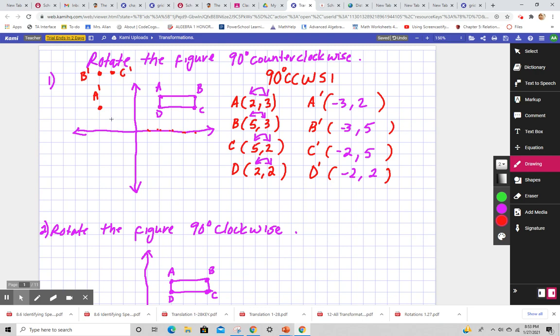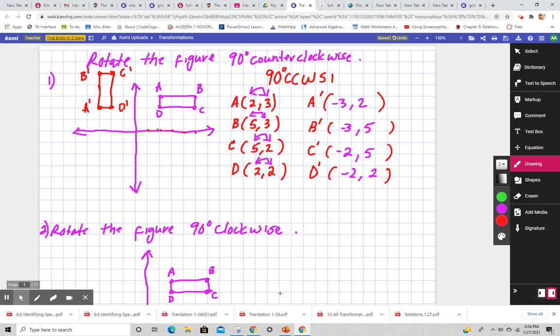And D, left 2, up 2, D prime. So we've rotated it 90 degrees counterclockwise.